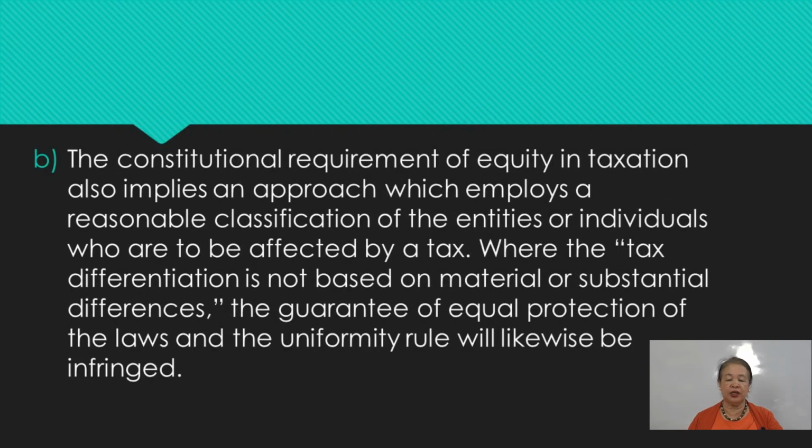The constitutional requirement of equity in taxation also implies an approach which employs a reasonable classification of the entities or individuals who are to be affected by a tax, where the tax differentiation is not based on material or substantial differences. The guarantee of equal protection of the laws and the uniformity rule will likewise be infringed. So, yung equity in taxation.